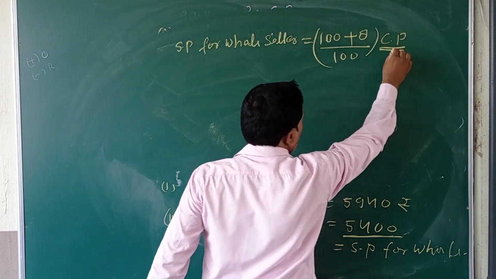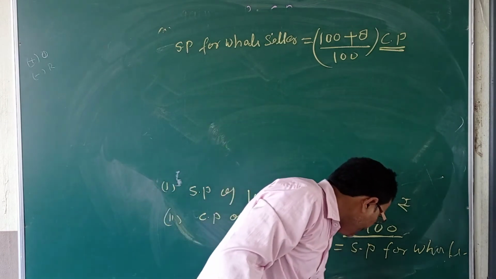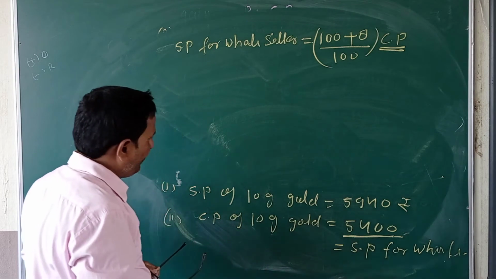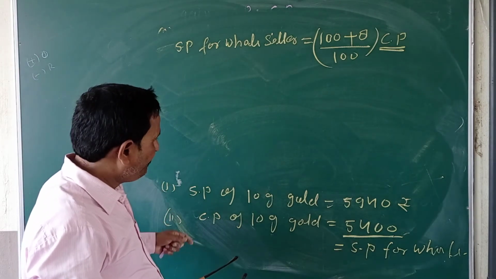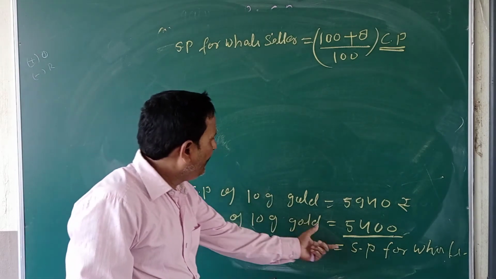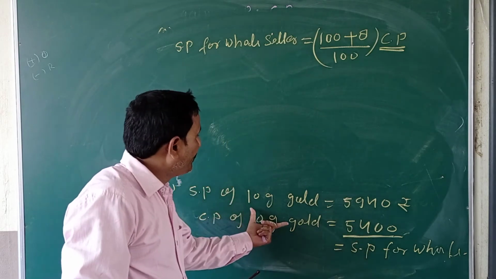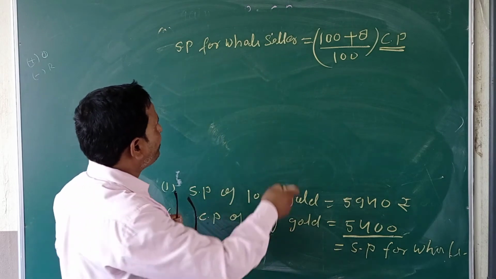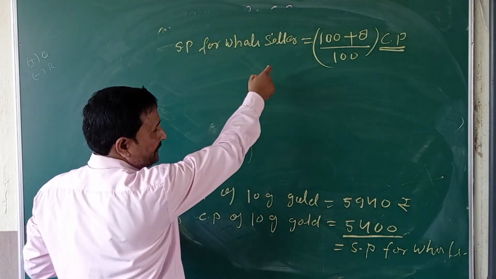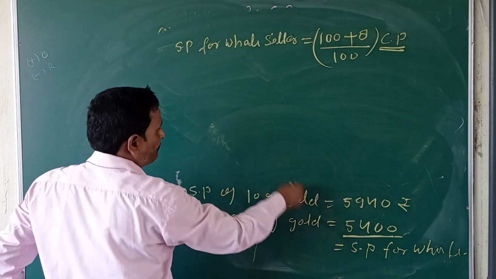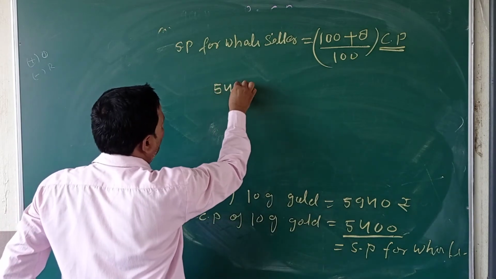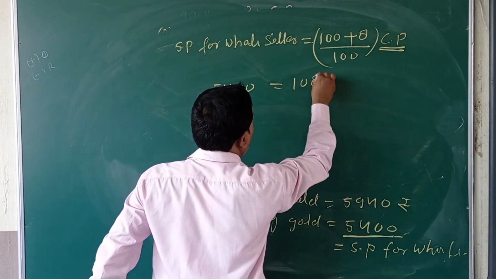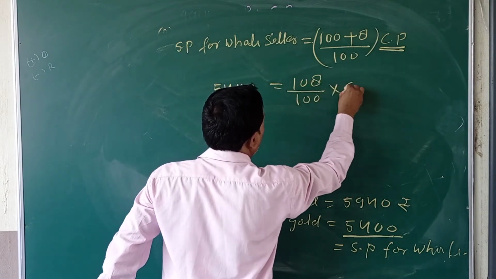This CP, as the question asks, is the SP of 10 gram gold. So now, 5400 into 108 upon 100 into CP.